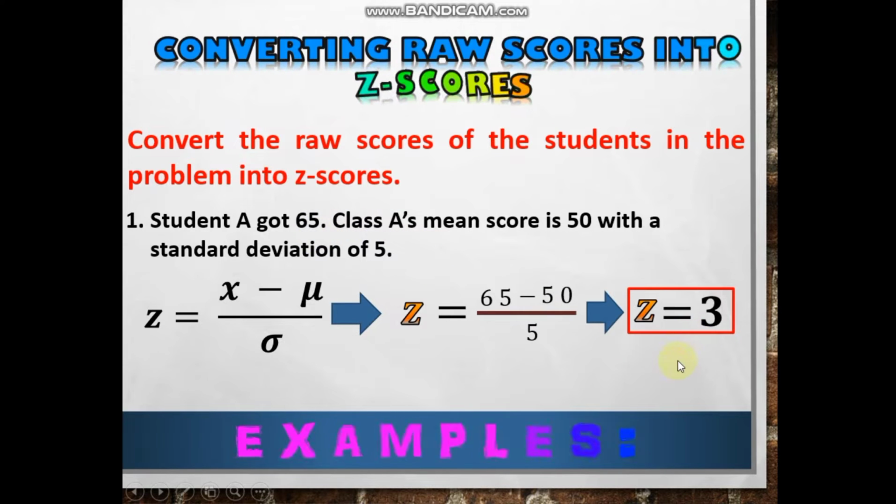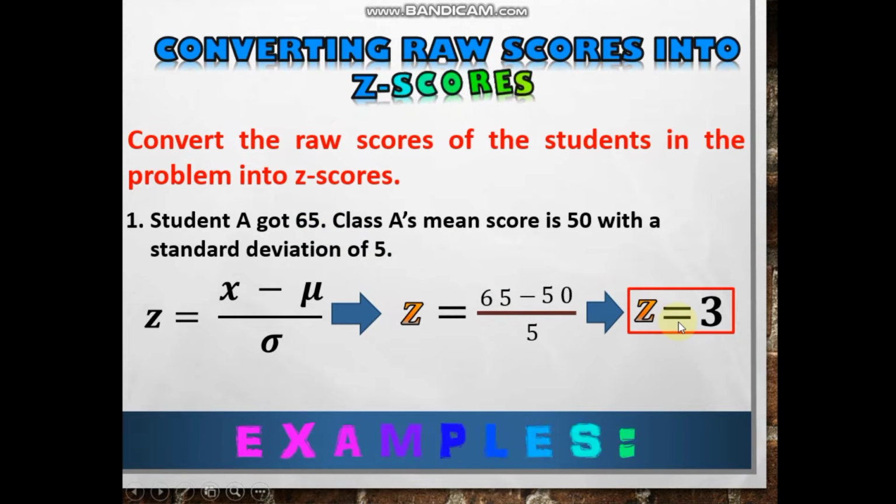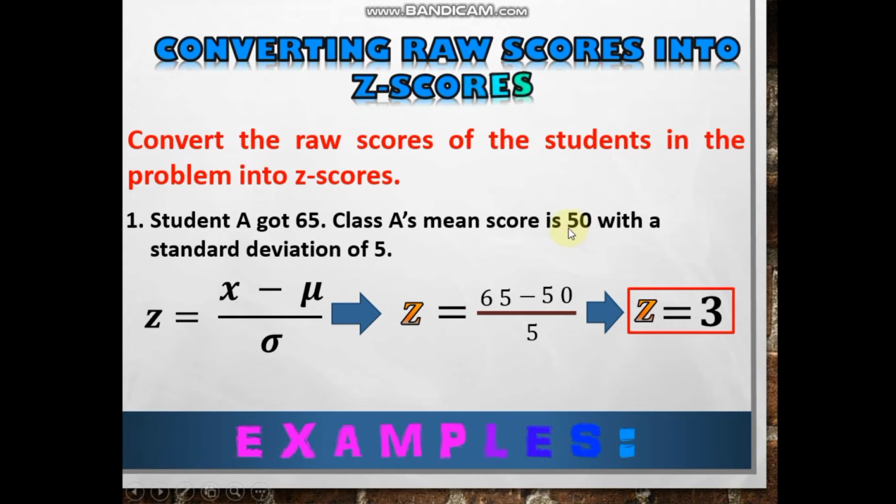So, anong ibig sabihin yan, class? Yung estudyante na nakakuha ng 65 is 3 units above the average score na 50. Okay? So, kung i-compute mo manually, sabi dito, ang standard deviation ay 5. So, ang pagitan ng score ay 5.